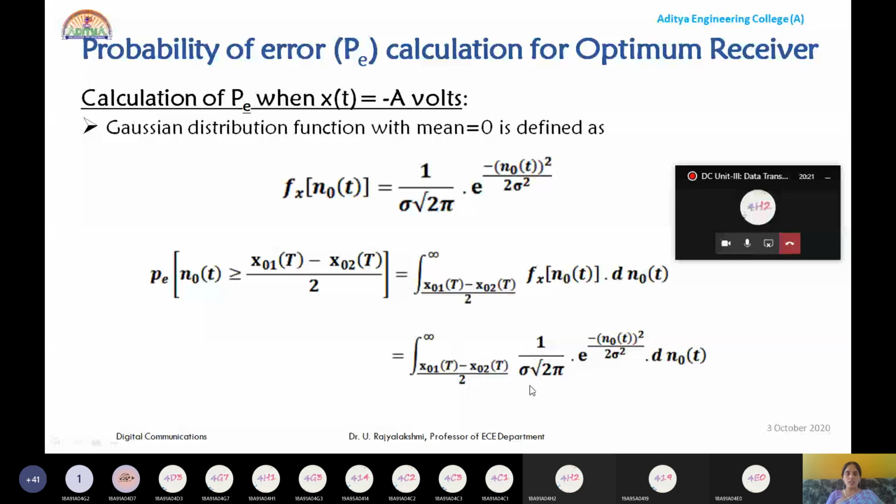If you directly substitute, it will be 1 by sigma root 2 pi into e power minus n naught of t whole square divided by 2 sigma square into dn naught of t.